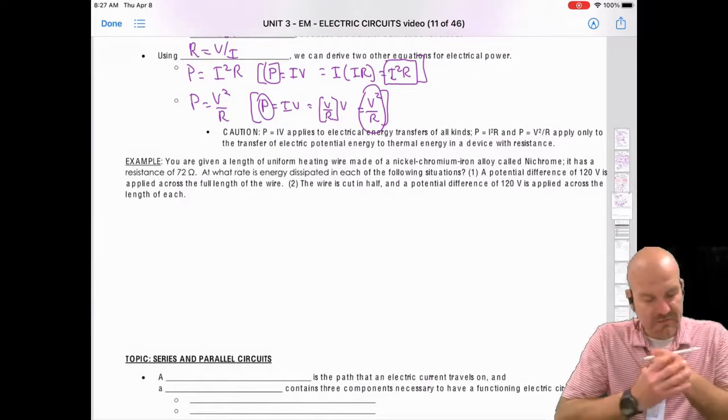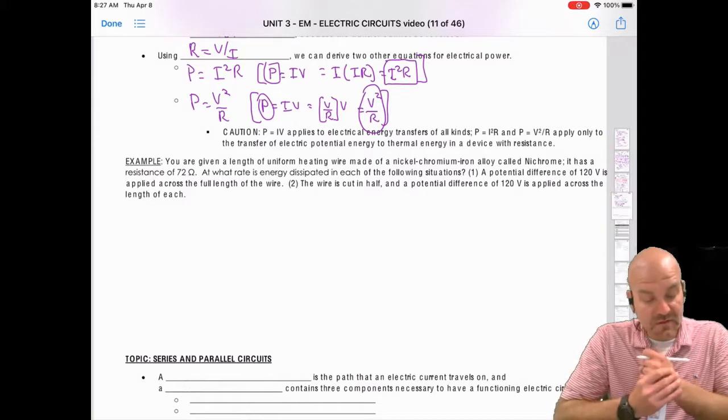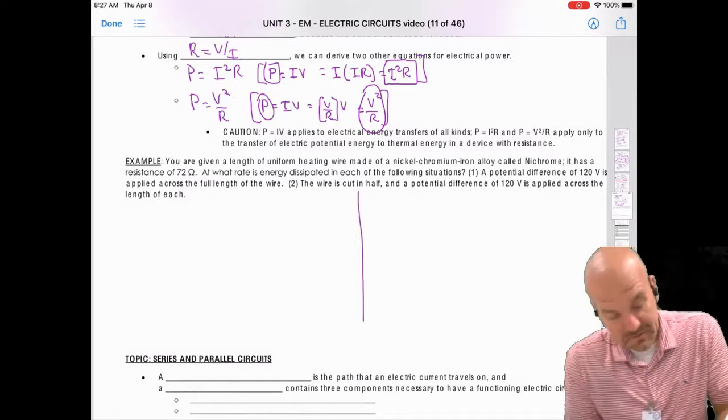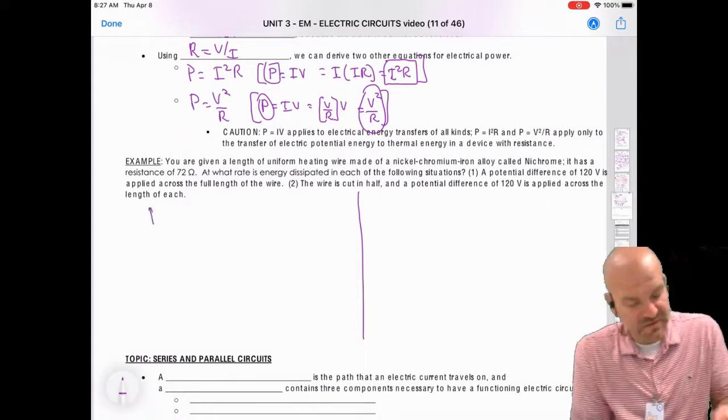You're given a length of uniform heating wire made from a nickel chromium iron alloy called nichrome. It has a resistance of 72 ohms. At which rate is energy dissipated in each of the following situations? A potential difference of 120 volts is applied across the full length of the wire, and then the wire is cut in half, and a potential difference of 120 volts is applied across the length of each. The first part is pretty simple.